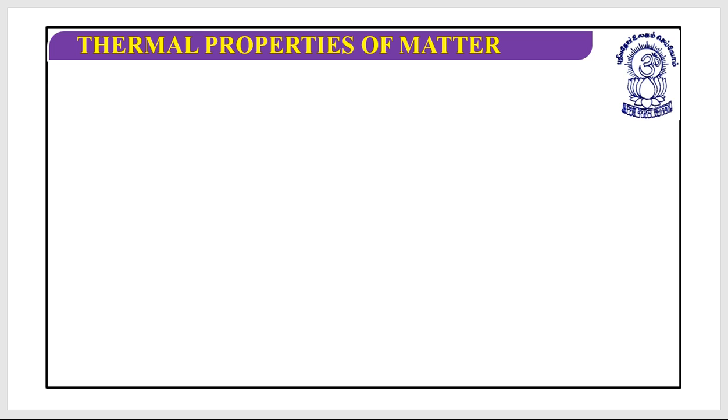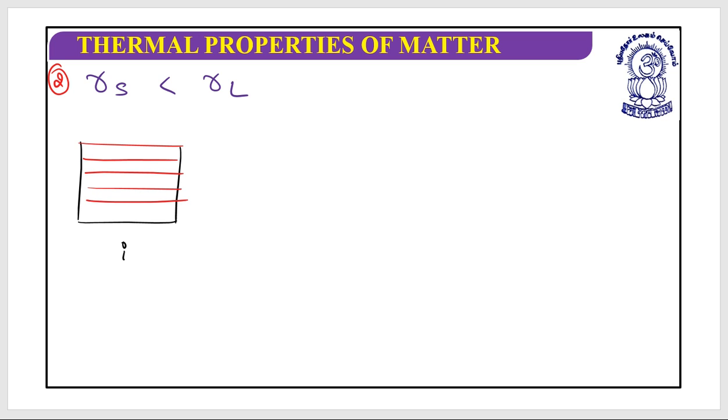Now let's look at the second case. In this situation, let's suppose gamma of solid is less than gamma of liquid. This is the initial situation, liquid filled up to the brim.